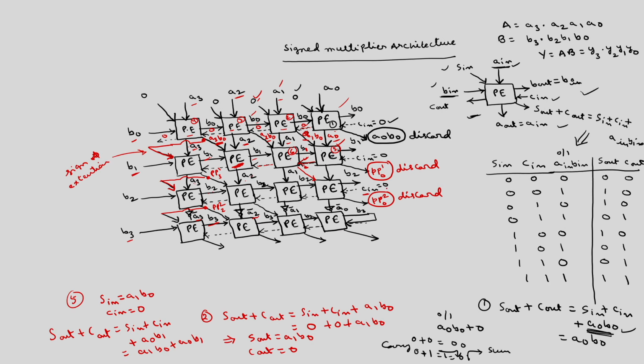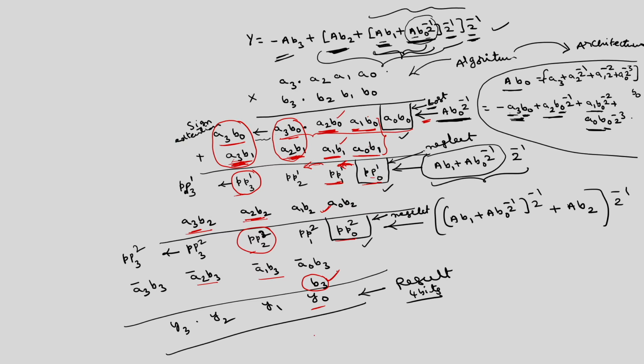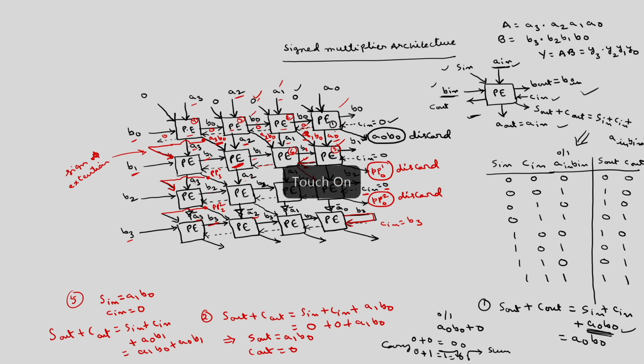So, instead of making this C in equal to 0, if I connect this B3 to C in, so C in becomes B3, so that the third bit that will be added will be B3. So, this one will be implemented by connecting this B3 bit to the carry in. Okay. So, here we will get Y0, Y1, Y2, Y3.